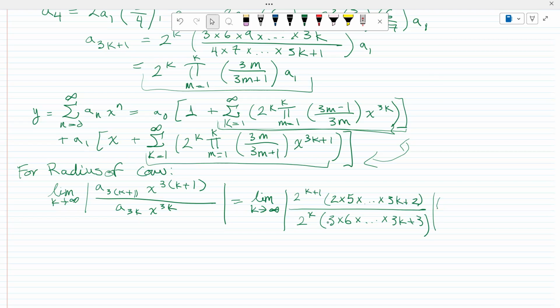Yes, I forgot that the numerator is also multiplied by this expression here, times dot dot dot times 3k. And then we have times x cubed up above there.